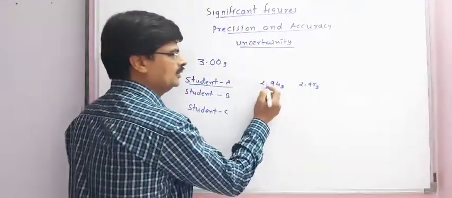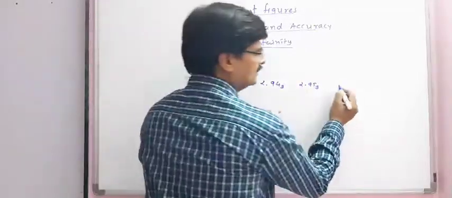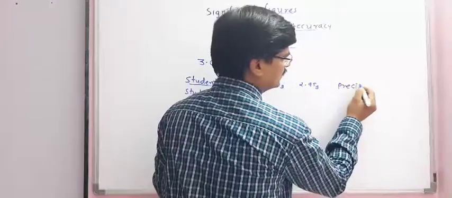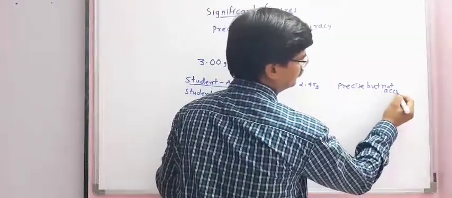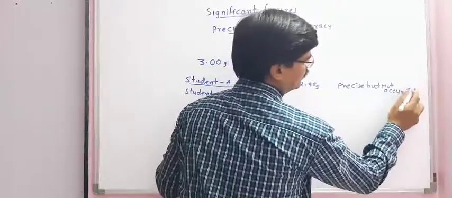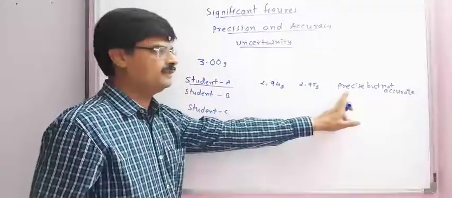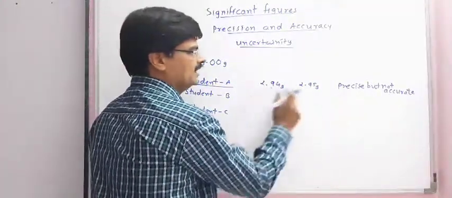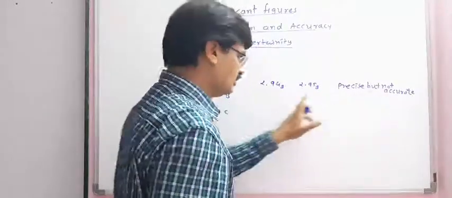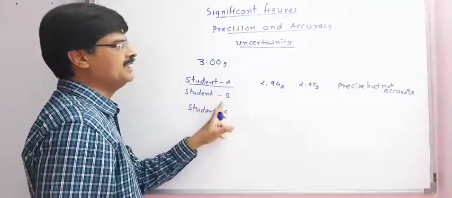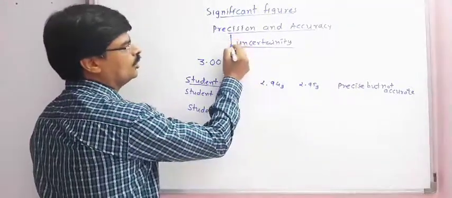From these values, we can say that student A's results are precise but not accurate. The result obtained by student A is precise because the values are nearly close, and that is why it is precise but not accurate.